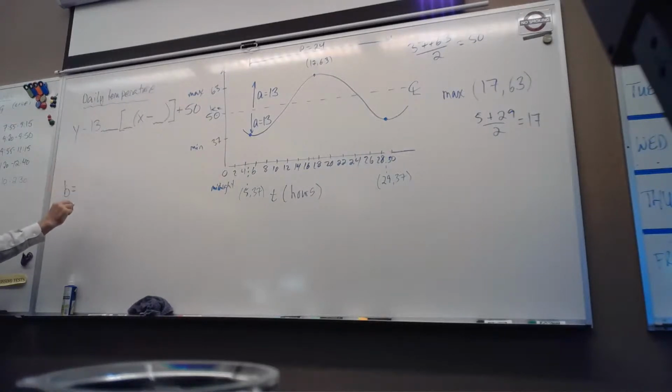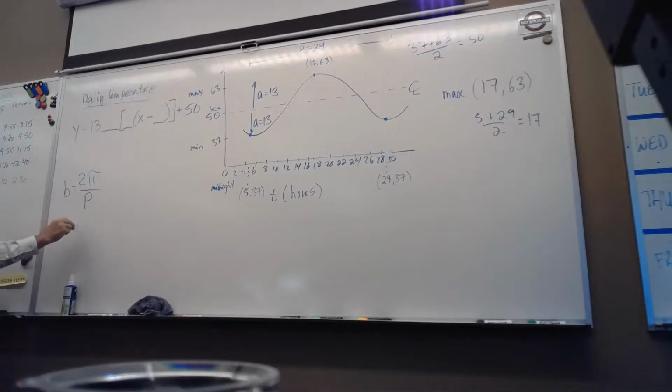Write all that down. 2 pi over whatever the right answer is. Over the period.